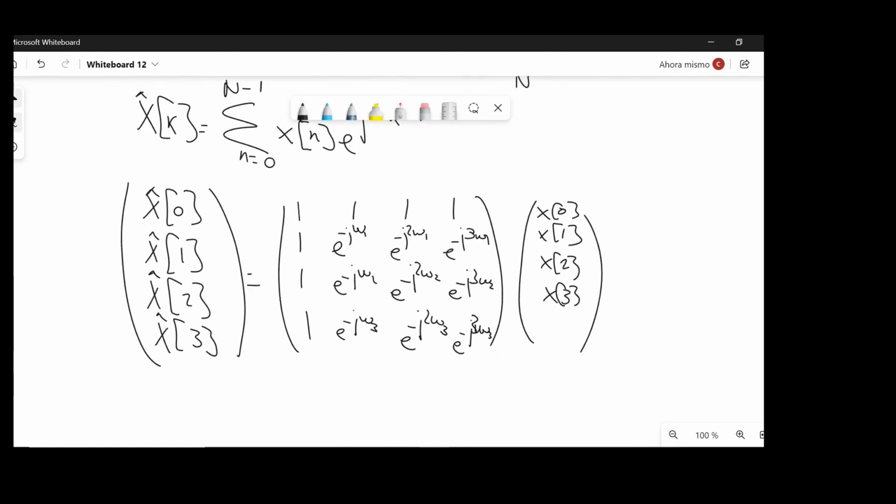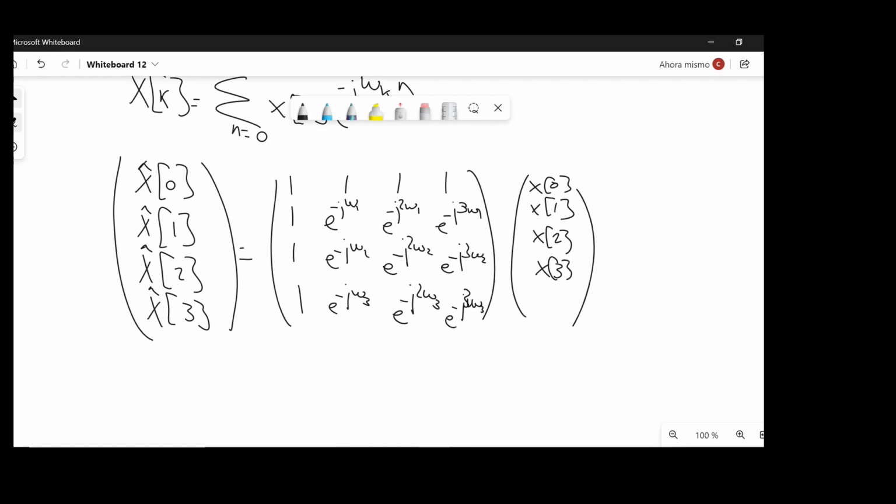Okay, now, what does it look like? So you have a signal x of n that you can represent as a vector.